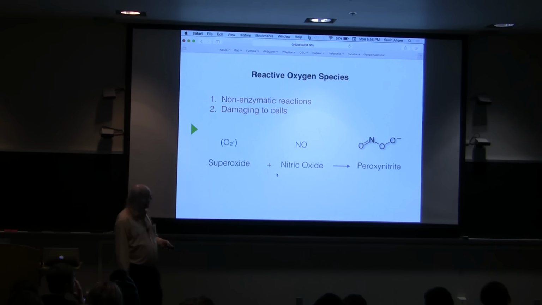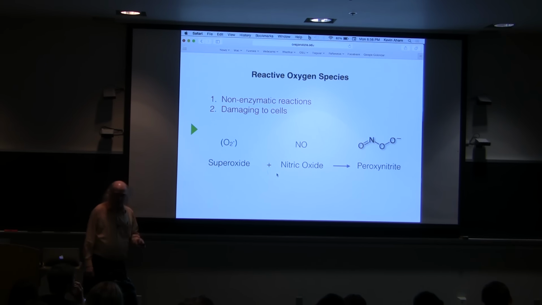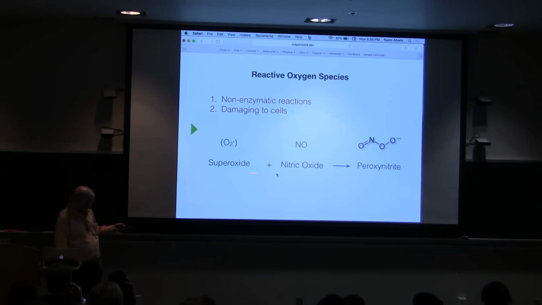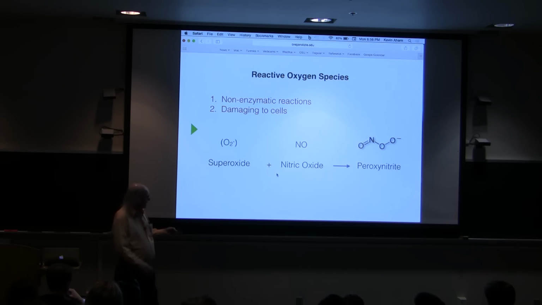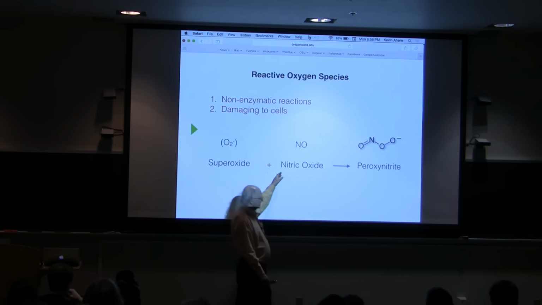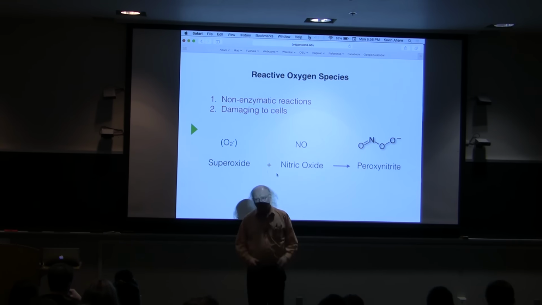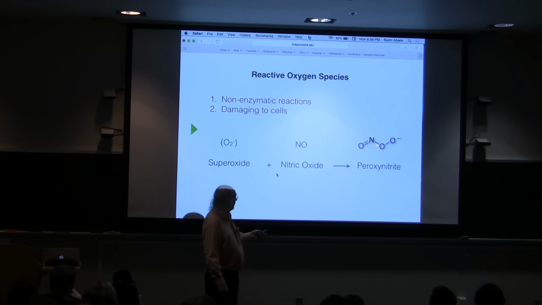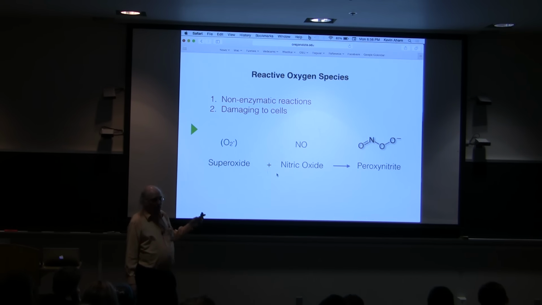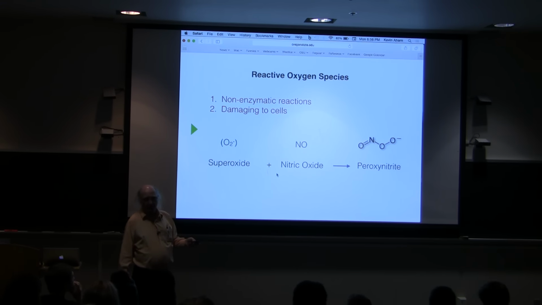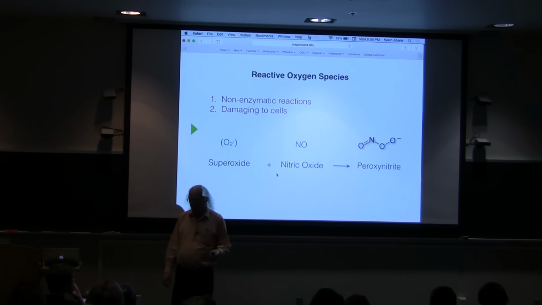Superoxide, which is this compound I showed here, results from addition of one electron to a molecular oxygen. You combine that with nitric oxide. Nitric oxide is used by our cells for signaling purposes. You create a molecule called peroxynitrite, which has some really nasty properties, a very, very toxic compound. And this guy right here is also extraordinarily reactive, and it will do things like nitrate tyrosine that I talked about.